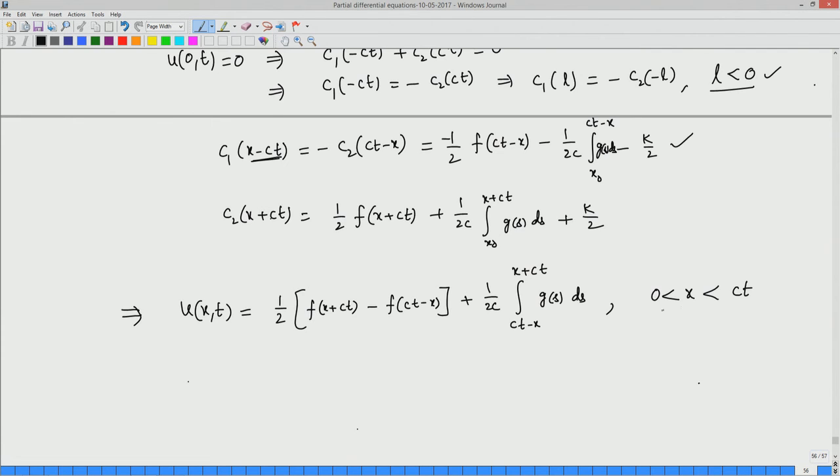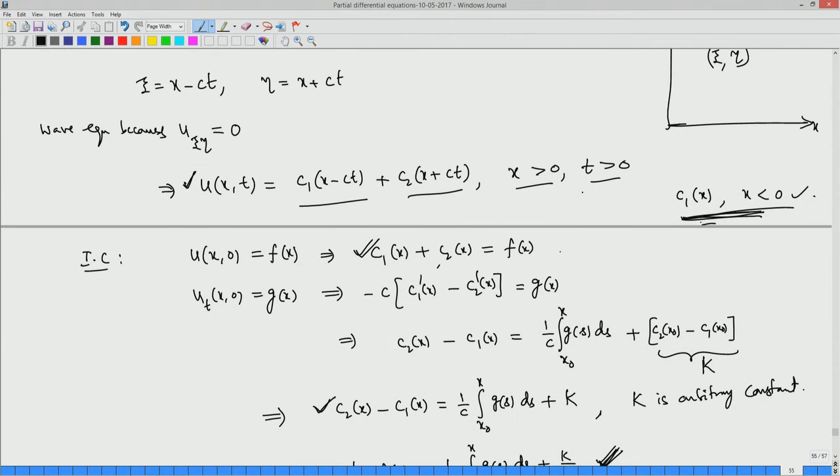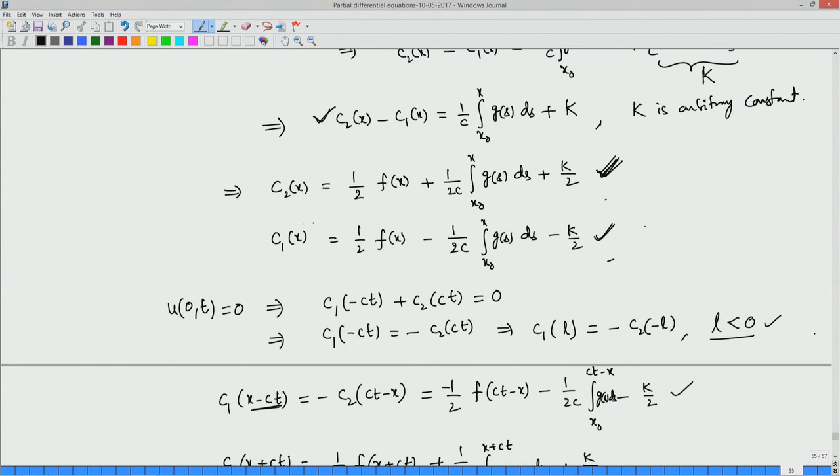That is only if x is between this one, and for x greater than Ct you do not have to worry about anything. When x is greater than Ct, both are positive. So, you know C1 and C2 both are positive, so you can directly substitute.